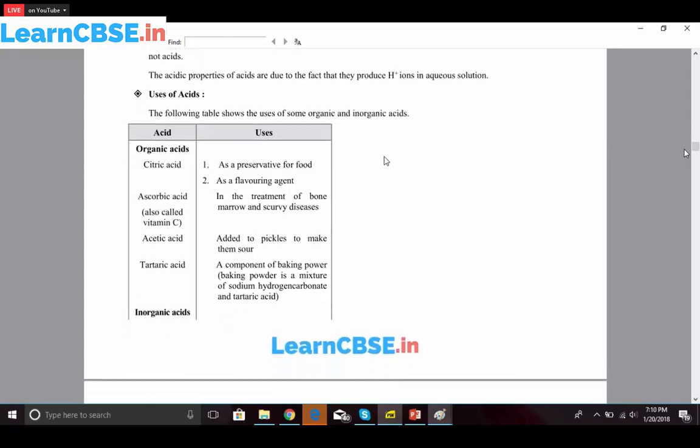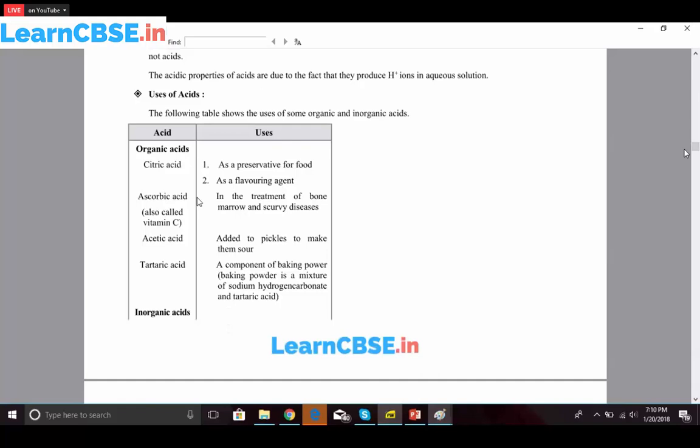Then comes the uses of the acids. Some of the uses of the organic and the inorganic acids. The organic acids first. The organic acids are nothing but those which we get from nature. Citric acid is used as a preservative for food and also as a flavoring agent.